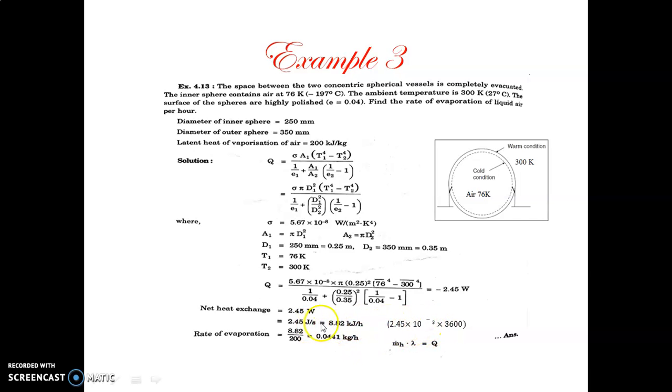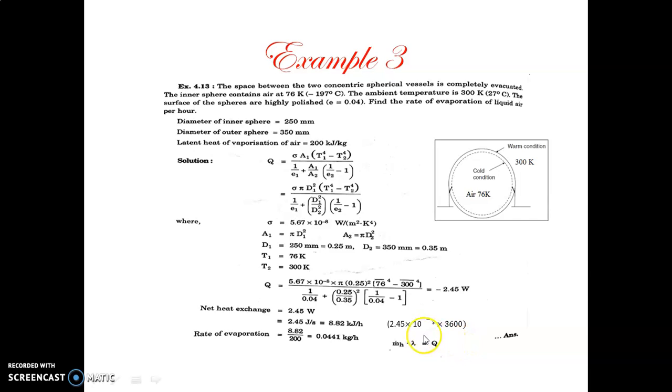So for conversion of joules to kilojoules we multiply by 10 to the power minus 3, and for conversion of seconds to hours we multiply by 3600. Doing this calculation we obtain the value 8.82 kilojoules per hour. So this is the net heat exchange in kilojoules per hour.